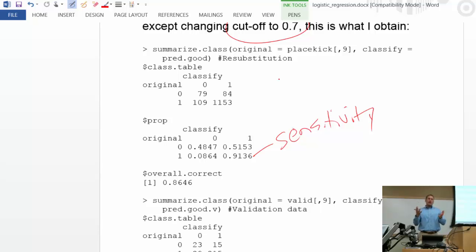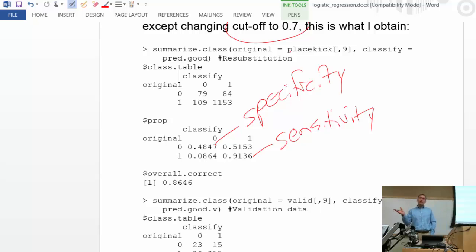In other words, I like to think of it this way, that I have a higher threshold in order to pass before I can say, yes, indeed, that is going to be a positive. And because I have that higher threshold, I'm going to miss some stuff. But look what happens to my specificity. It shoots up to about 0.48.